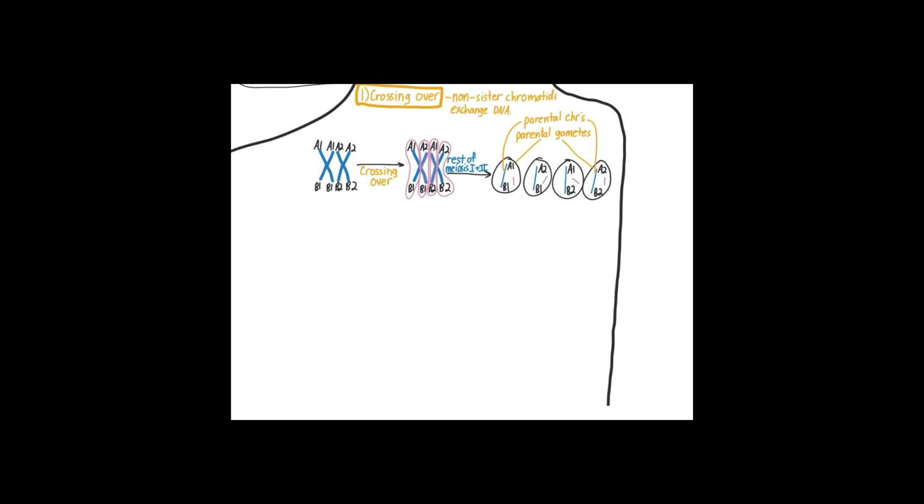The chromosomes that now have new allele combinations are called recombinant chromosomes and are in recombinant gametes. This is one reason cells produced by meiosis can have different genotypes. Different combinations of alleles, here A1B2 and A2B1, are produced by crossing over.